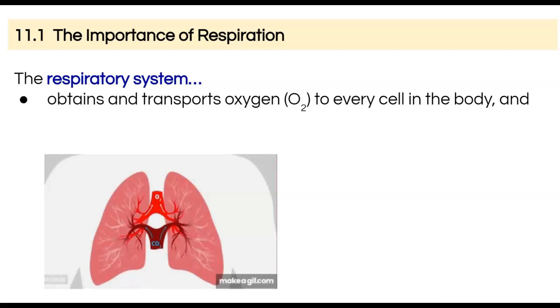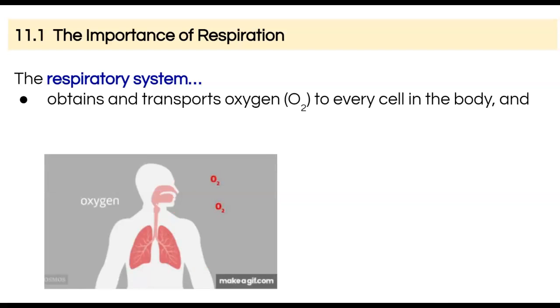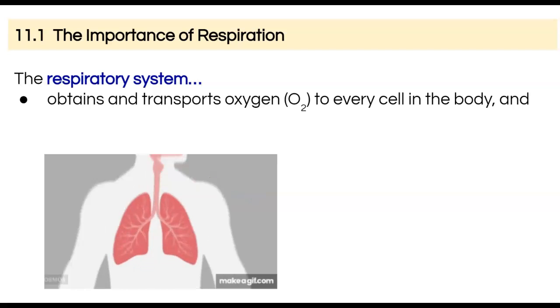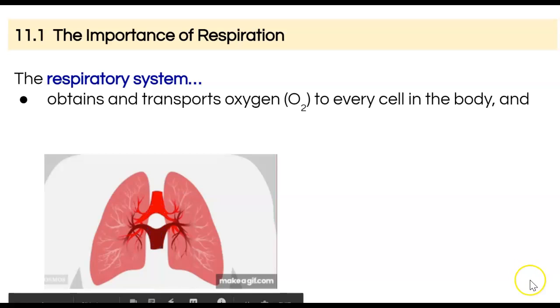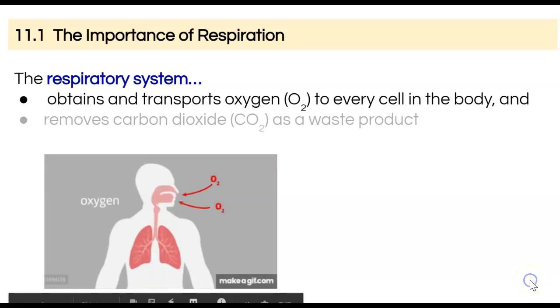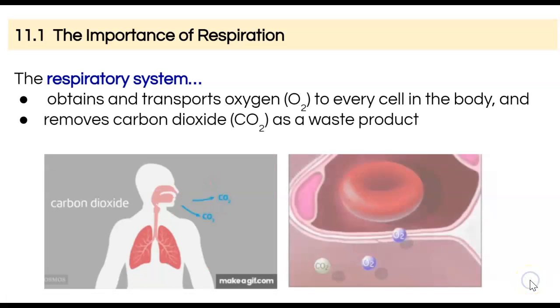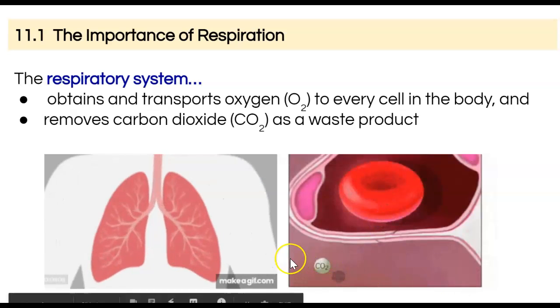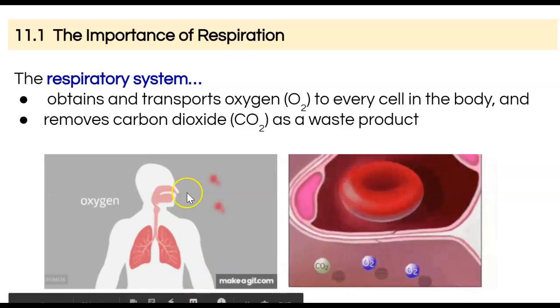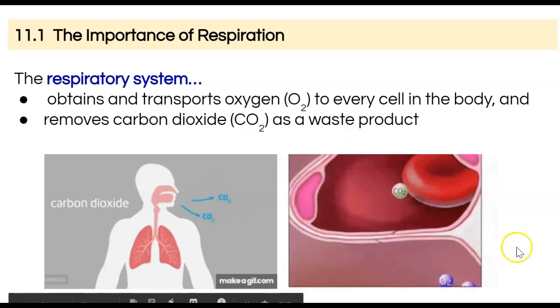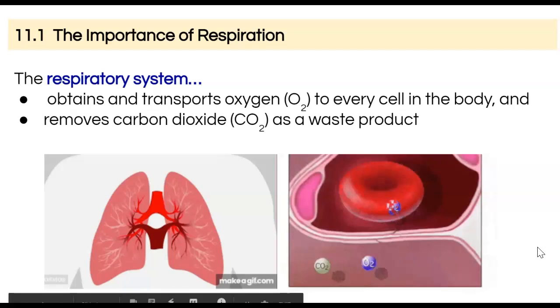I mean, respiration is the breathing in and breathing out, but the purpose of doing that is to be able to take in oxygen so that our cells can be supplied with oxygen and also to remove that carbon dioxide, right? So, we have this sort of macroscopic idea and then this sort of microscopic idea of respiration. And that's what we're going to explore.